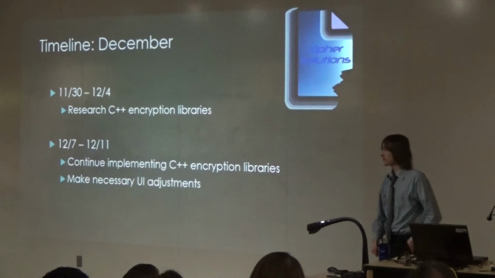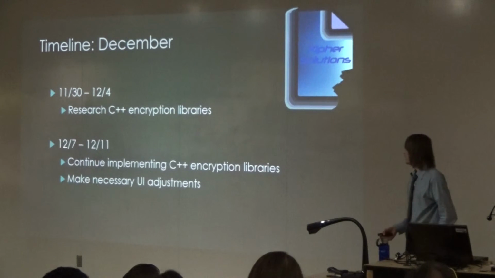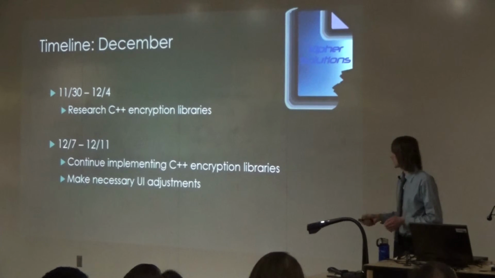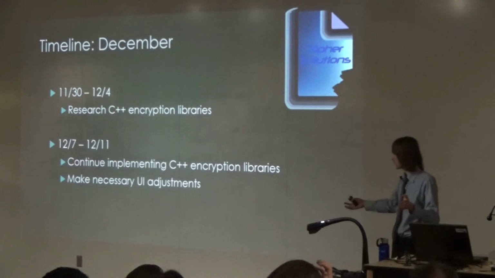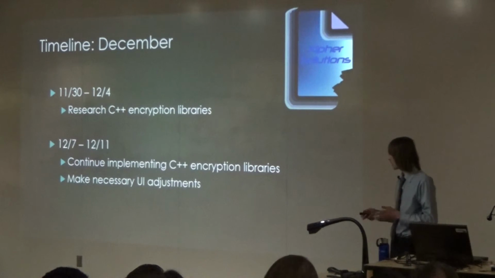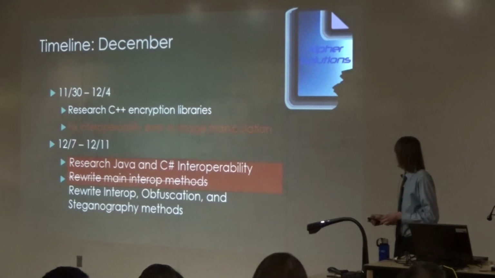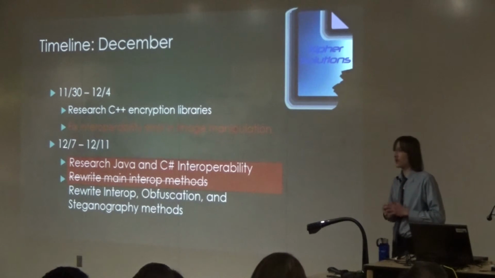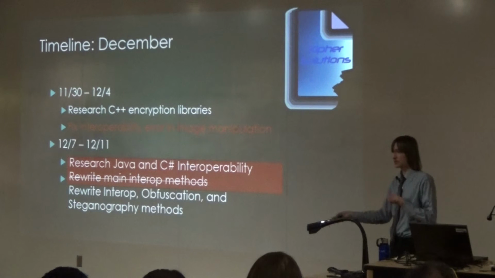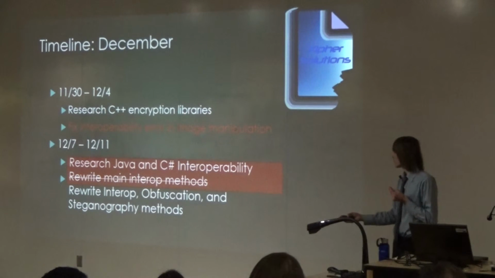In terms of my timeline in December, there isn't really much fancy here. It's really just researching C++ encryption libraries, continuing to implement that, and making sure that encryption is a big part of my program. Then what I had to do was fix an interoperability error with my code, and what that means is there was an issue with the communication between my front end and back end code.